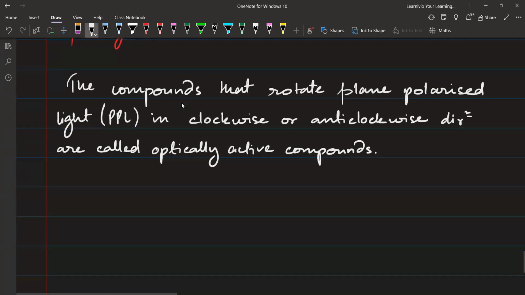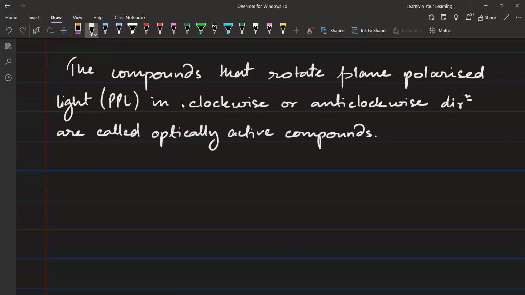Listen carefully. We have light and the light is not polarized. That means it is not in a particular direction, and the vibrations of that particular light are in all the directions.